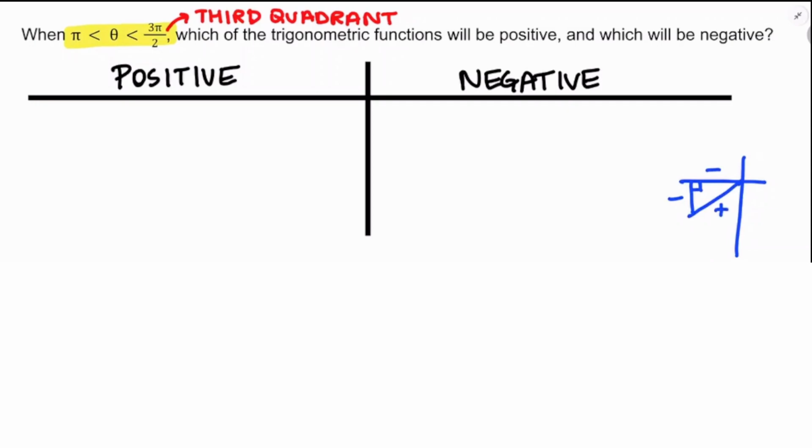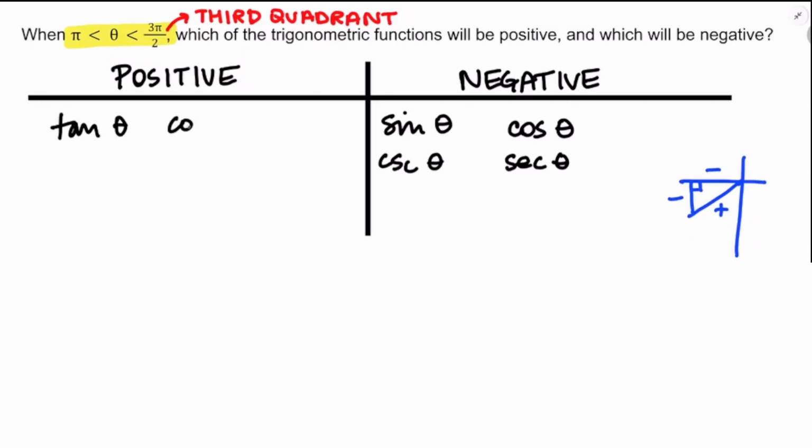So on the negative side, we're going to definitely have sine theta and cosine theta. And as a result, we can say cosecant theta and secant theta will also be negative. Like I just said a moment ago, tangent of theta and cotangent of theta will both be positive in the third quadrant.